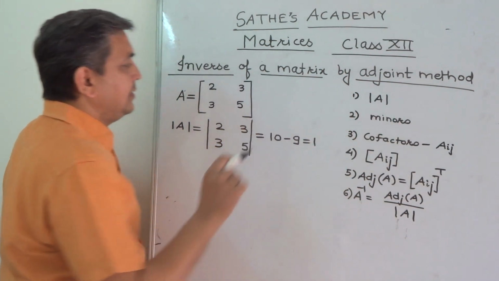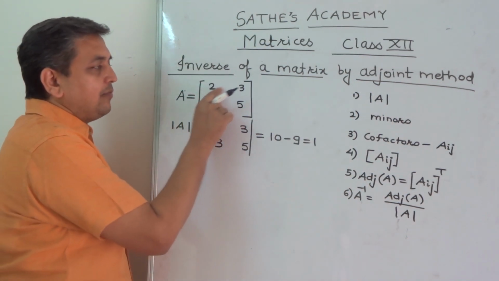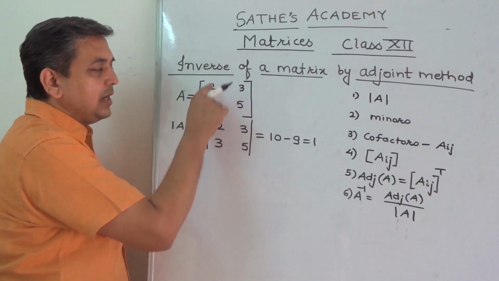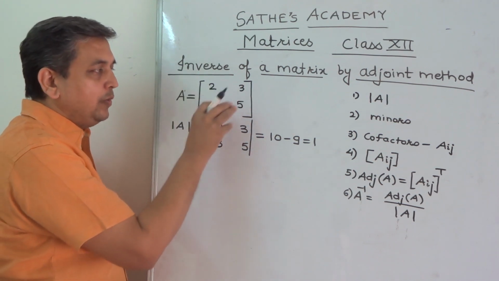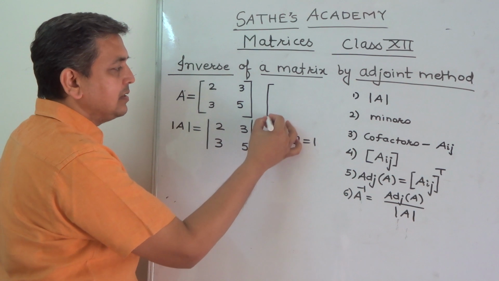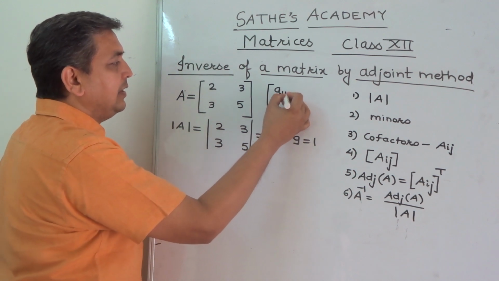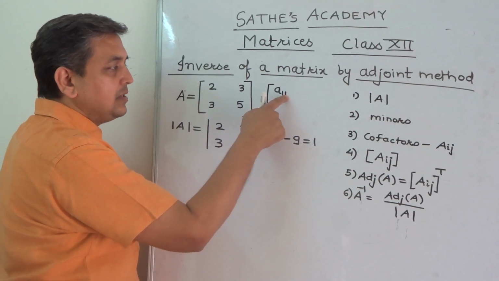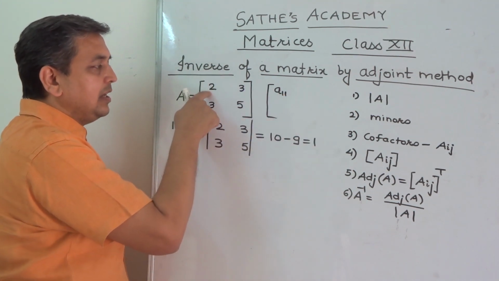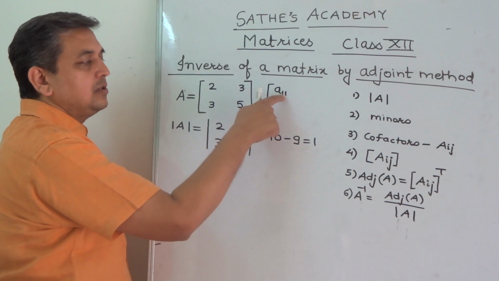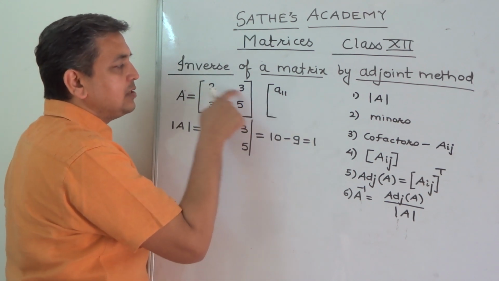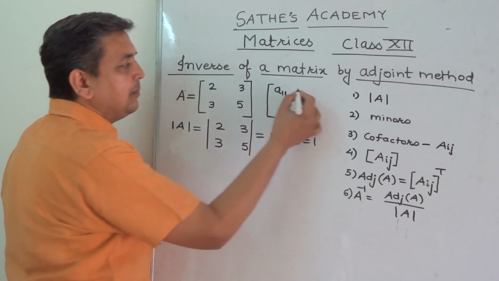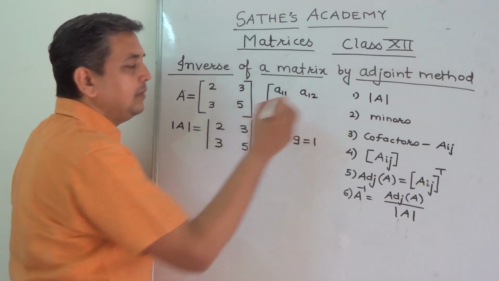Now minors. See students, there are 4 elements, there are 2 rows and 2 columns, and how do we name these elements? We say A11. This first row stands for number of row and the second one stands for number of column. This element is first row, first column, so A11. This is first row and second column, so we say A12.